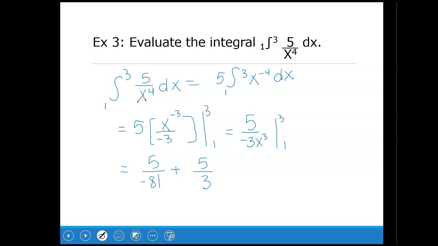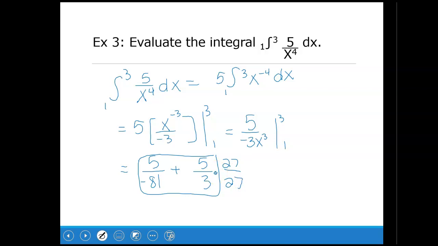And then technically on AP, that is considered a numerical answer. If you have a calculator and you add them together, you get 130 over 81. And again, that should make sense because here we'd be multiplying by 27 over 27 to get this to 81.